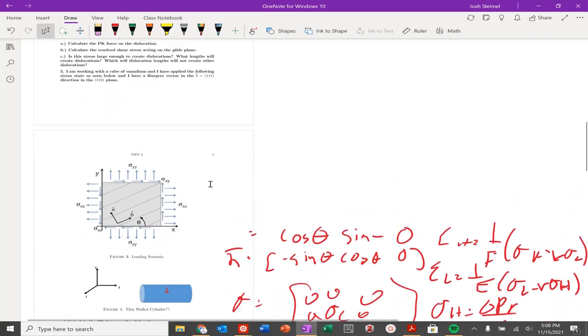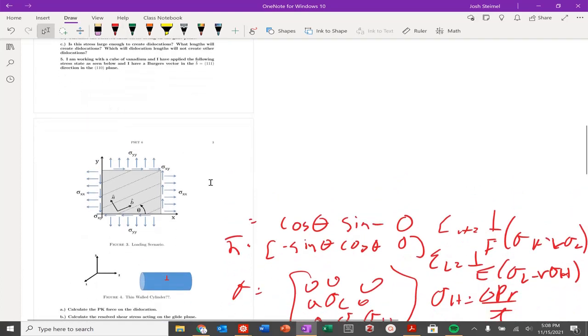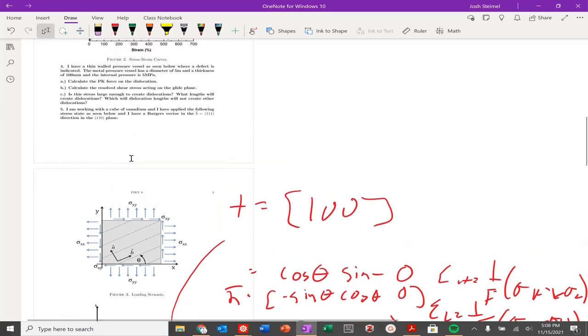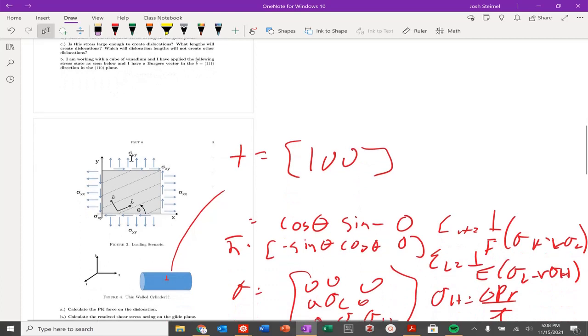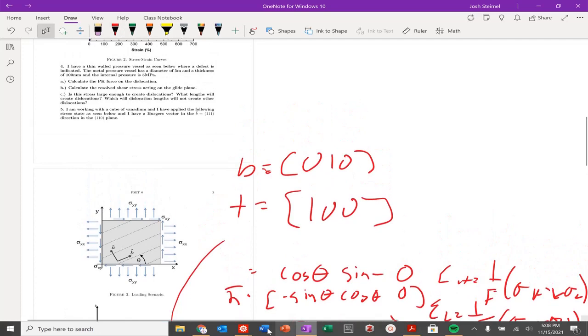So I have also an edge defect here that has a tangent vector in the 1, 0, 0 line direction going into and out of the board. And then I have a Burgers vector that's acting in that 2, 3 plane. So I could have my Burgers vector in the 3 direction, or I could have it in the 0, 1, 0 direction. That would work. But let's keep working throughout this problem.